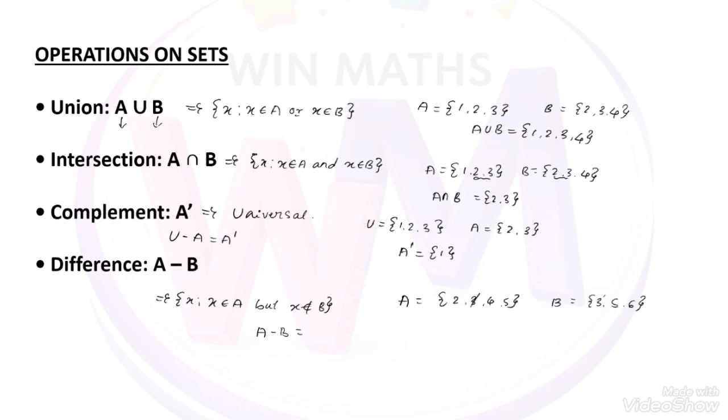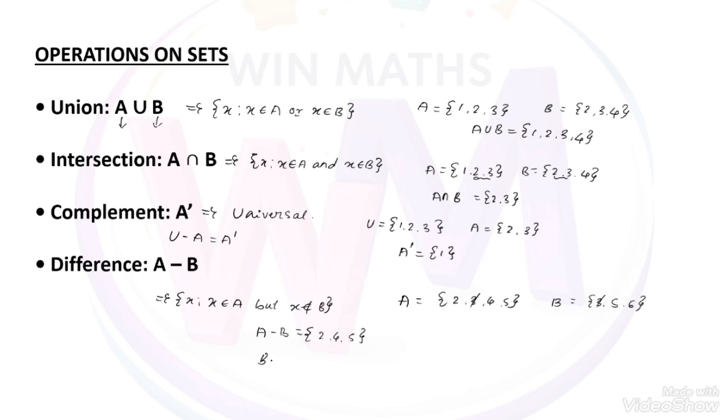So 3 and 5 are common, that's why we neglect them. Later, the elements which are present in A are 2, 4. A minus B will be 2, 4.